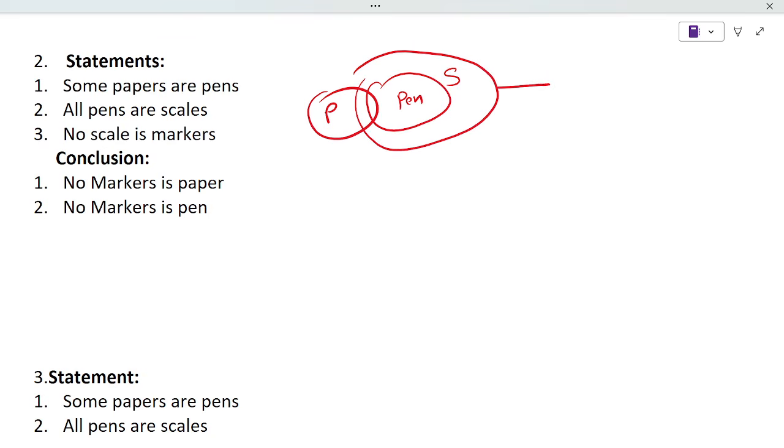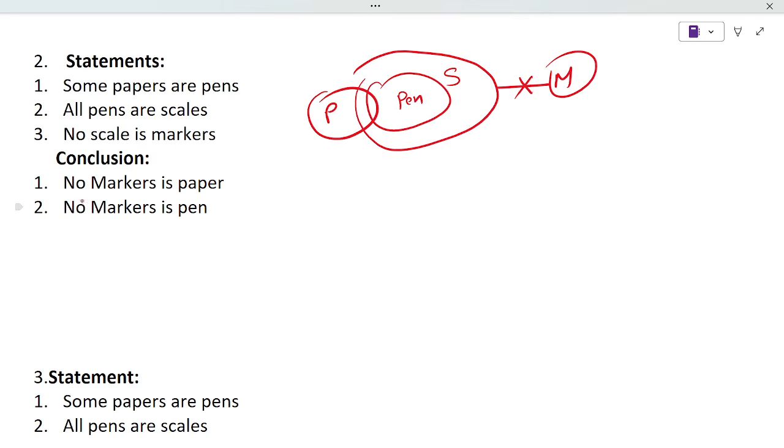Scale and marker have no equal relation, so they cannot even touch, right? Conclusions, actually, we have negative words, both are negative, so whenever you come across a negative word, as I mentioned earlier, we will have some imaginary diagram; however, we will not violate the statement, that's it.